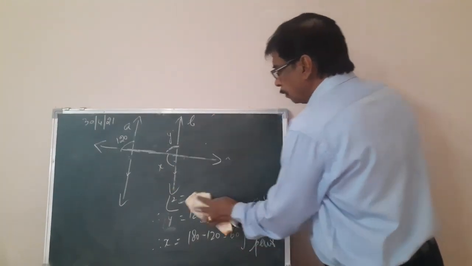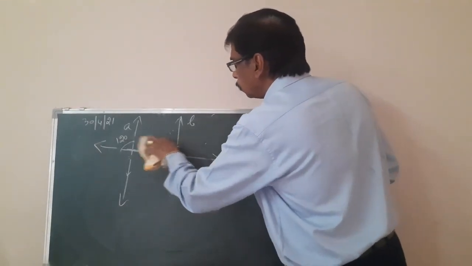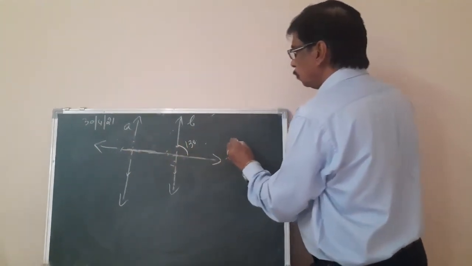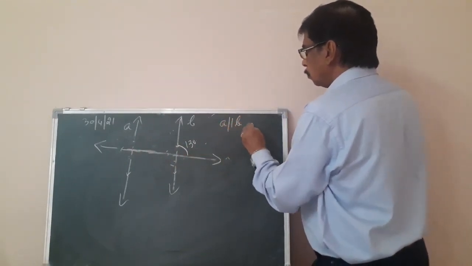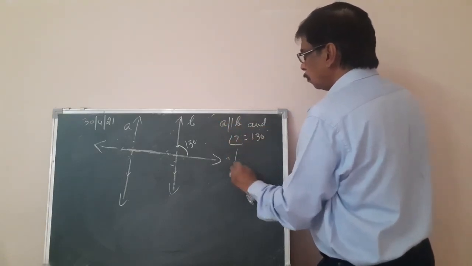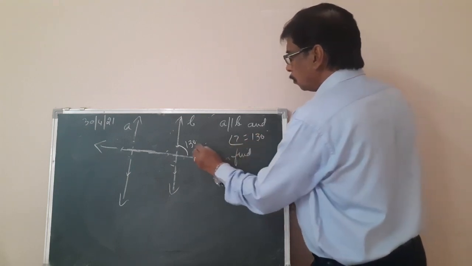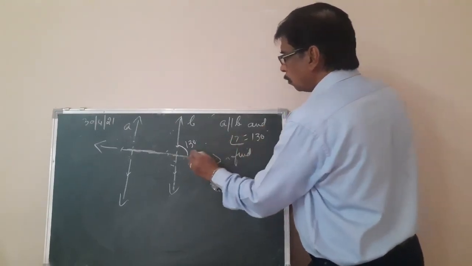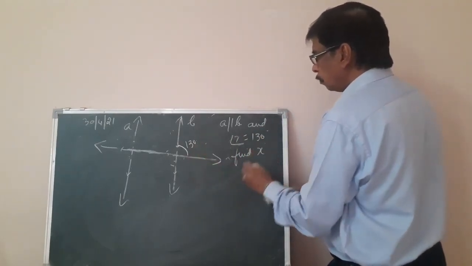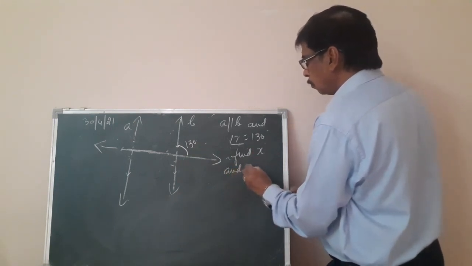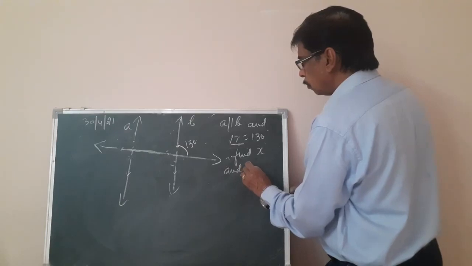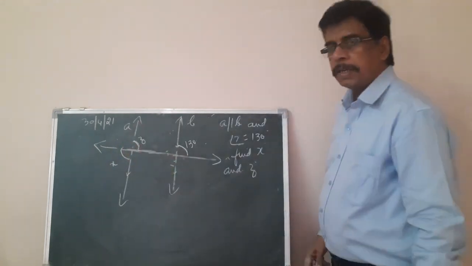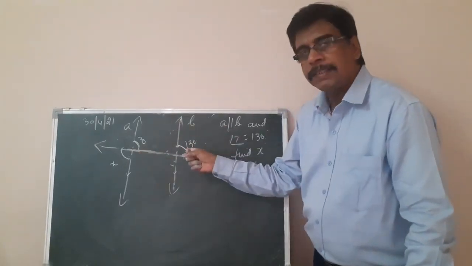One more question. A is parallel to B and this angle is 7, named it 7.